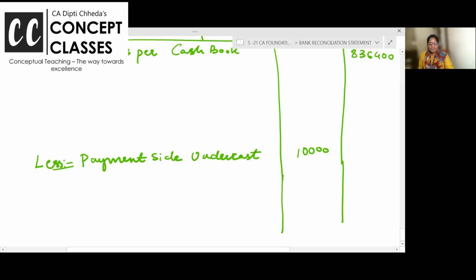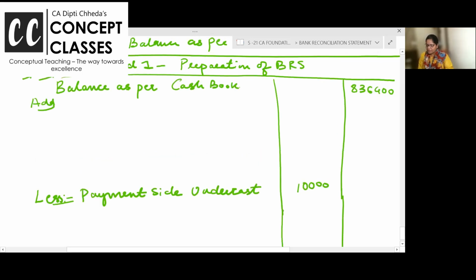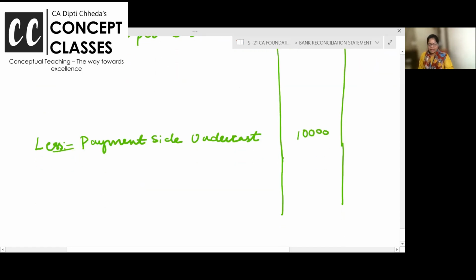A check of 131 issued on 25th of December was not taken in the bank column. So when I issued the check and have not recorded it, now I should record it. When I issue the check, I should credit bank. If I have not done so, now credit, which is this balance, debit balance. When I issue the check, credit.